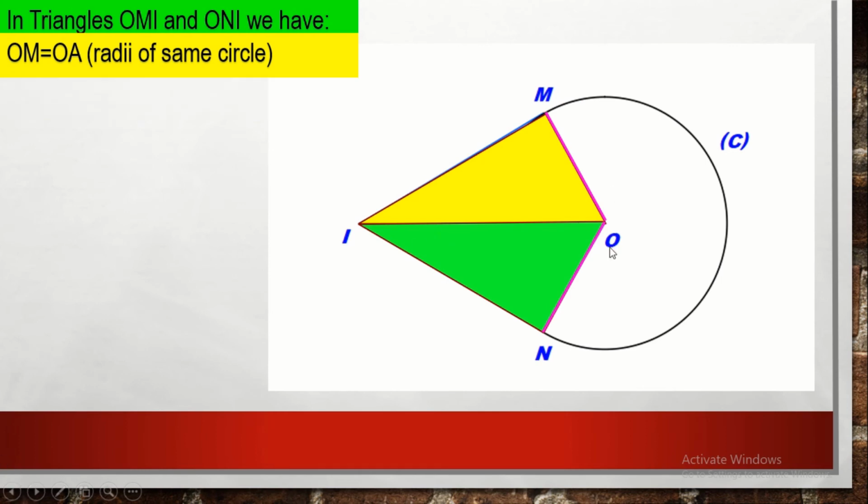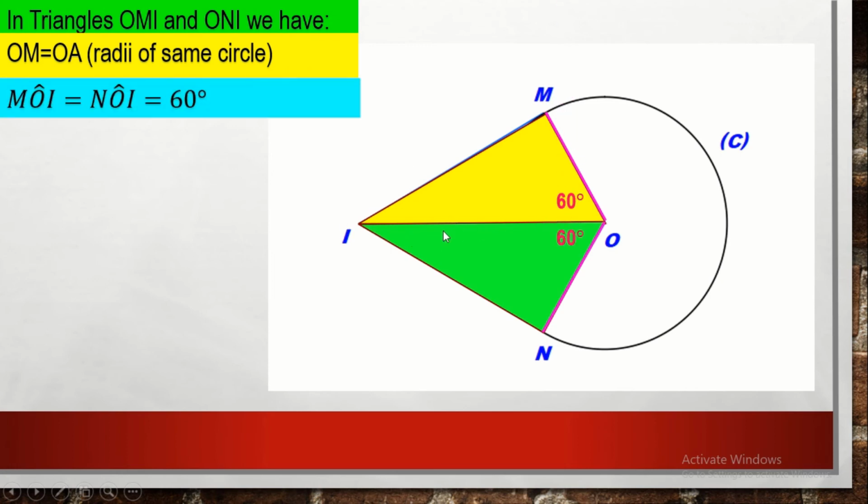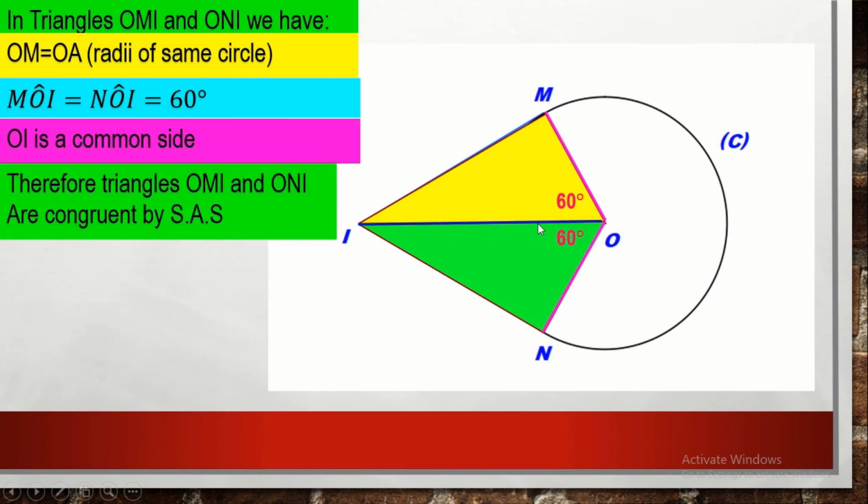We have OM equals ON, radii of the same circle. Also, we have angle MOI equals angle ION equals 60 degrees each. We have proved that. Something else, we have OI is a common side. Can't we say then that these triangles are congruent by side, angle, side?